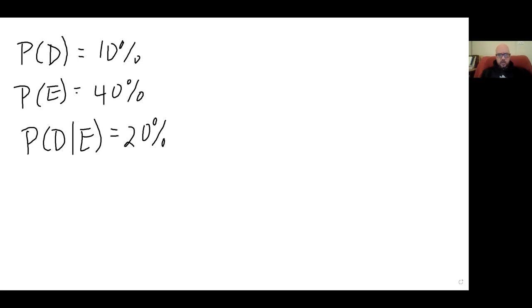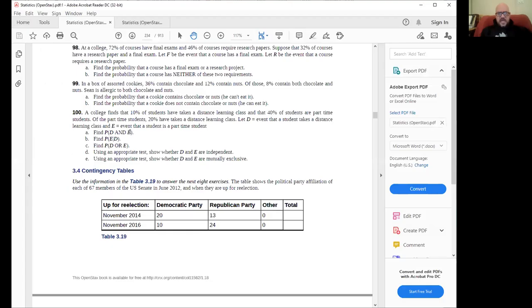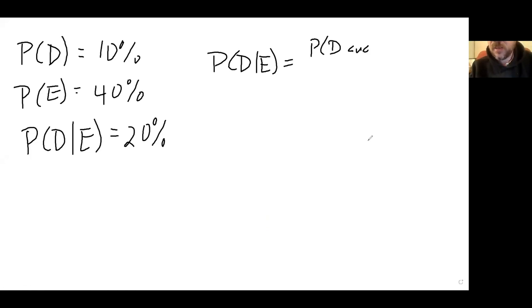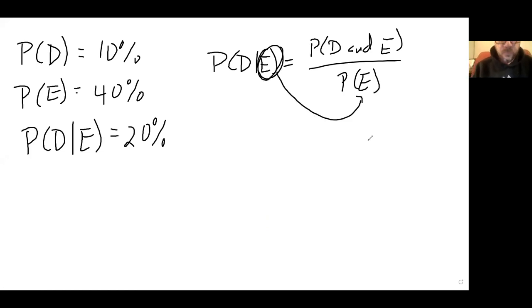So question A, probability of D and E. We're going to use the conditional probability formula that says the probability of D given E is the probability of D and E divided by the probability of E. Remember that this one right here is always your denominator. We have D given E and we have probability of E, so we're just going to multiply those together.